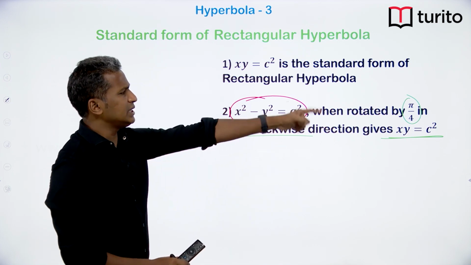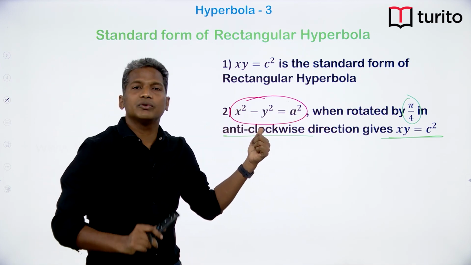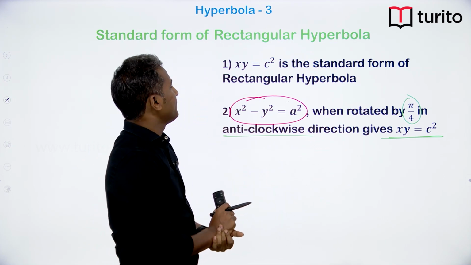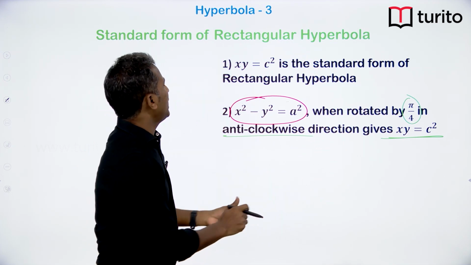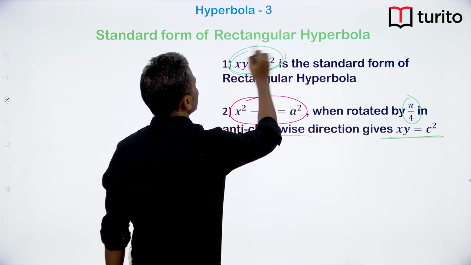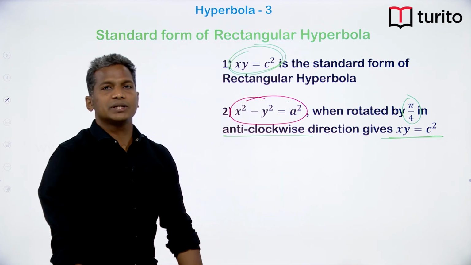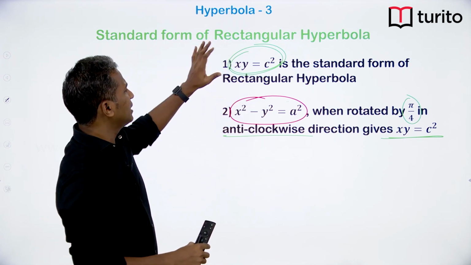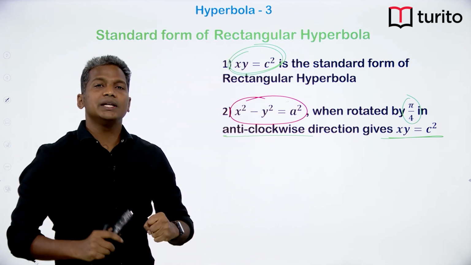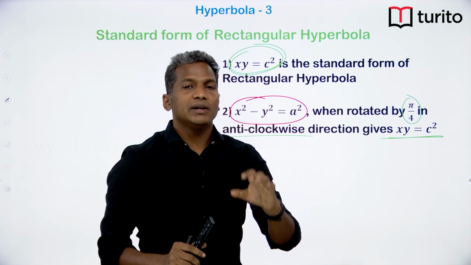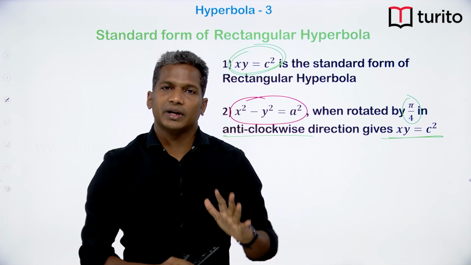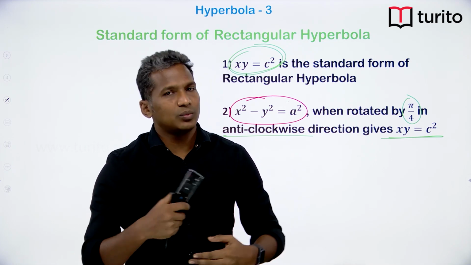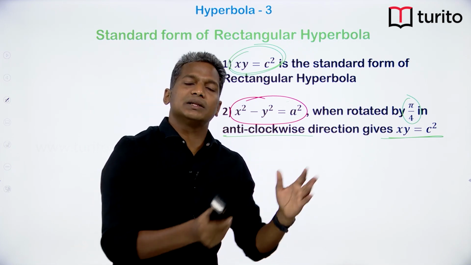Now, is this c exactly equal to a? Of course not. That we will derive based on the situation. Okay. But we can understand that x y equal to c square becomes one standard equation of a rectangular hyperbola. So, the main idea of discussing this is to explain to you the equation x y equal to c square. Of course, we will study this separately when it comes to problem solving or other ideas.